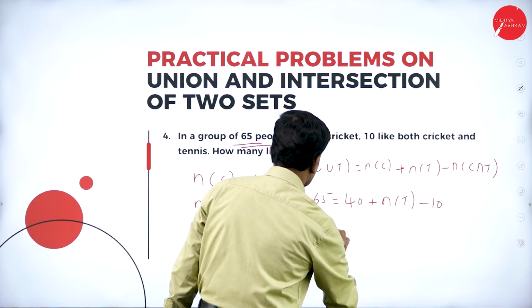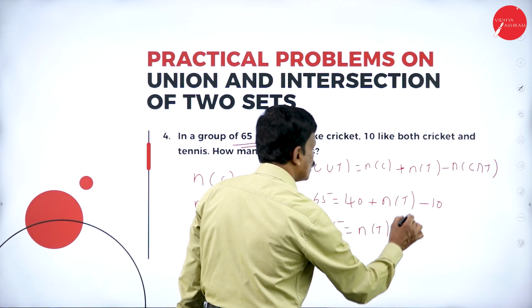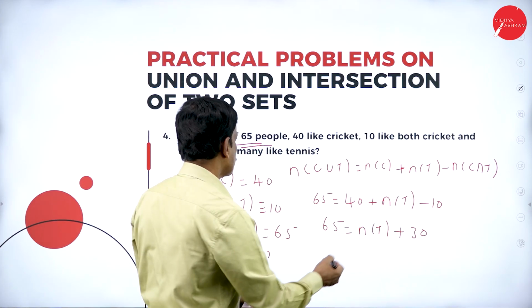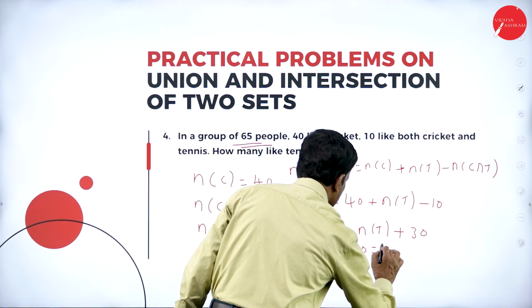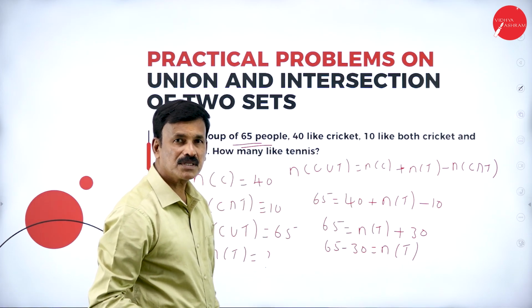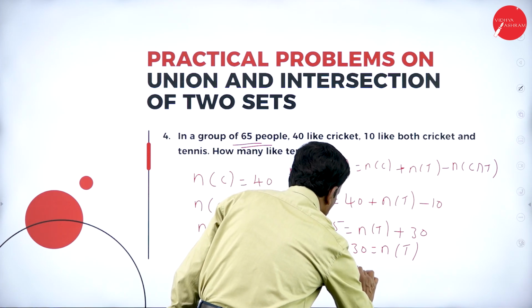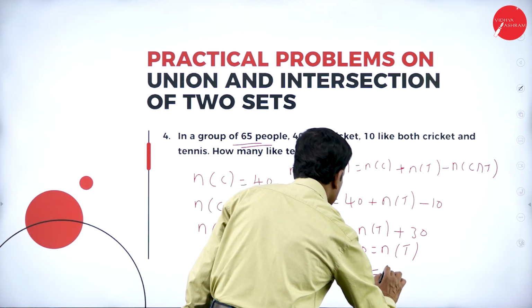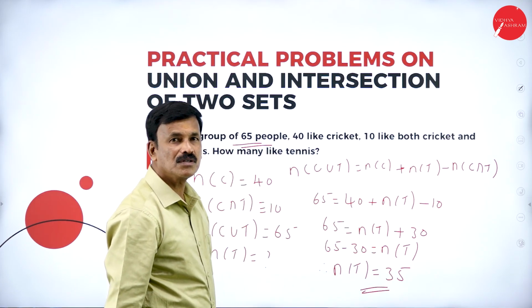So this is 65 is equal to N of T plus 40 minus 10, which is 30. Subtract this: 65 minus 30 is equal to N of T. What is 65 minus 30? That's 35. Therefore, number of students who play tennis is 35. So 35 students will play tennis.